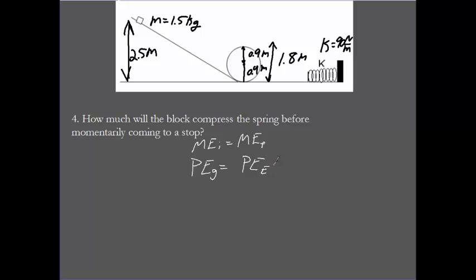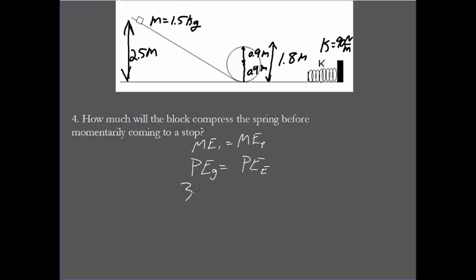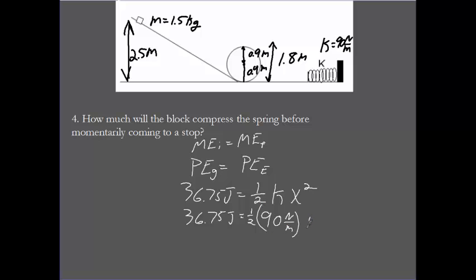I know that the gravitational potential energy is 36.75 joules, and the formula for elastic potential energy is 1/2 kx squared. K being the spring constant, which we have, x being how far the spring is compressed. So now it's a pretty simple algebra problem. 36.75 equals 1/2 times 90 newtons per meter times x squared.